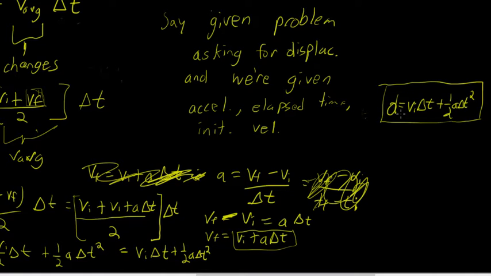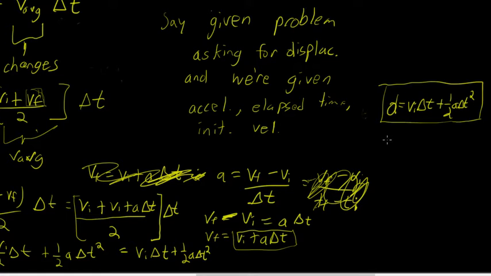A car is initially going at, say, 30 meters a second, and in 5 seconds it speeds up. We don't know its final velocity, but it speeds up, and in 5 seconds it goes a distance of a couple hundred meters. How fast is it accelerating?